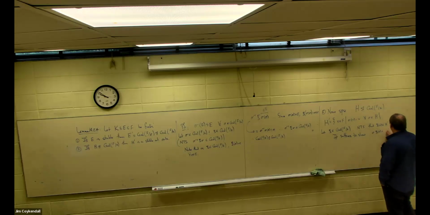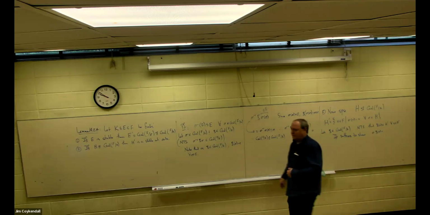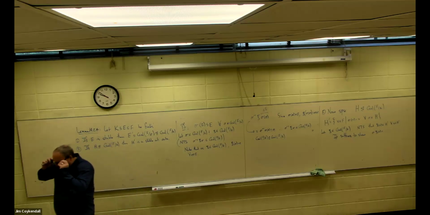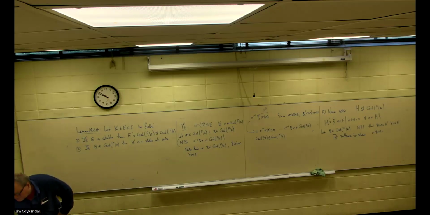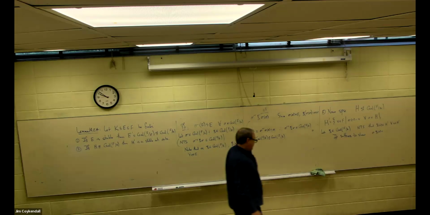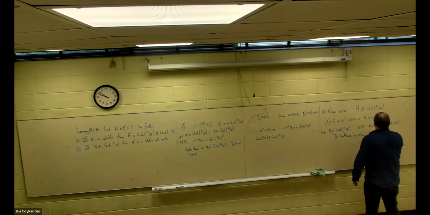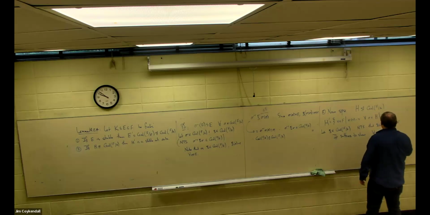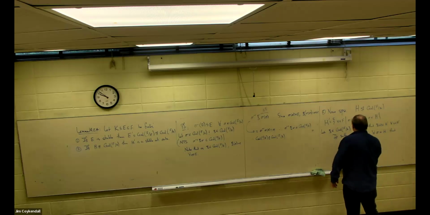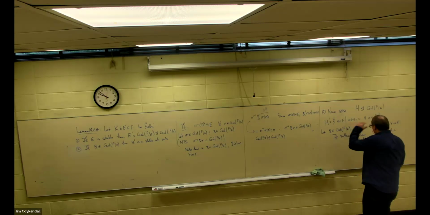So we need to show that, for all sigma in H, sigma tau v equals tau v.